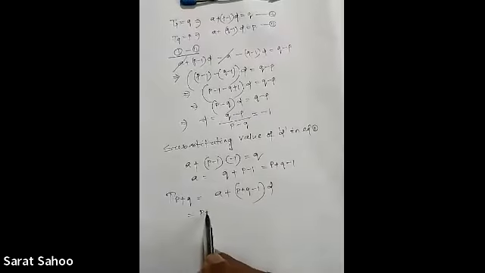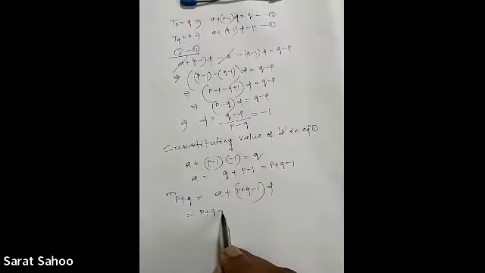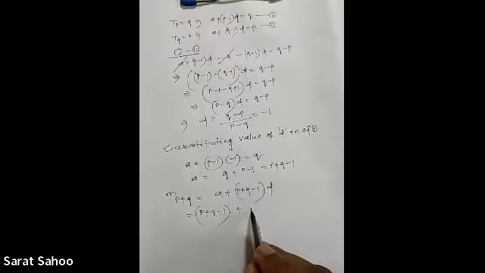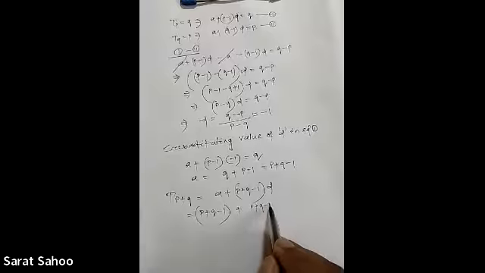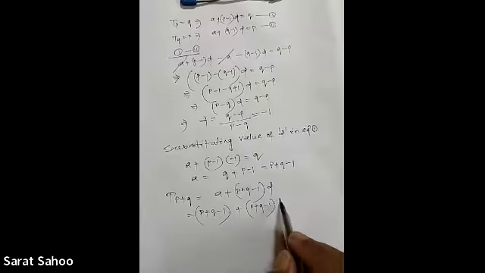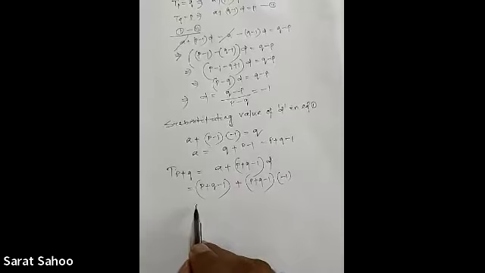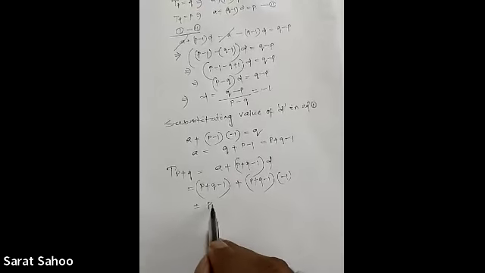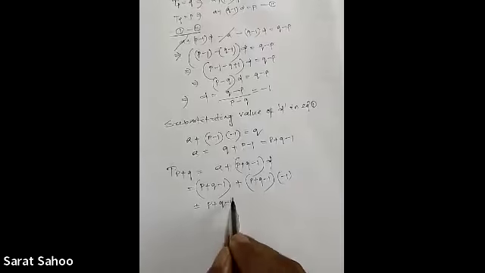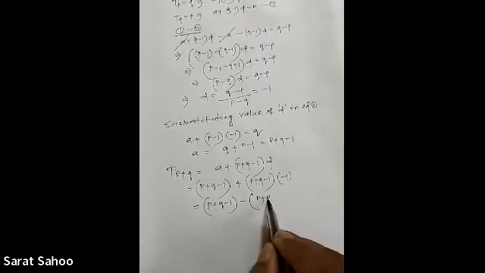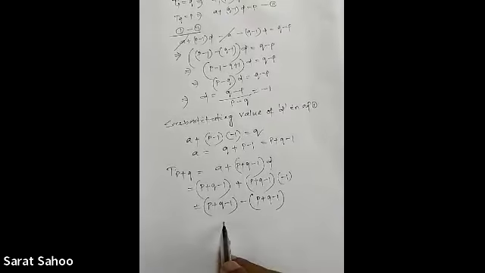So this is equal to (P plus Q minus 1) plus (P plus Q minus 1) into D. What is D? D is equal to minus 1. So this is equal to (P plus Q minus 1) minus (P plus Q minus 1), which is equal to 0.